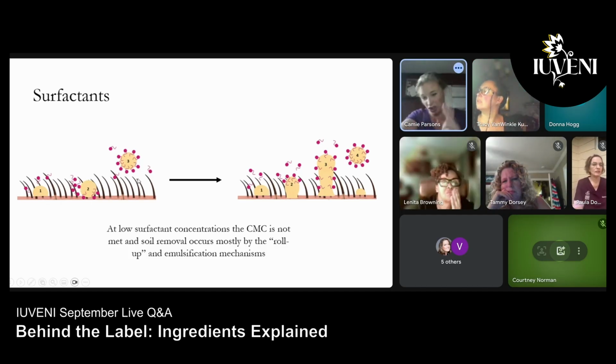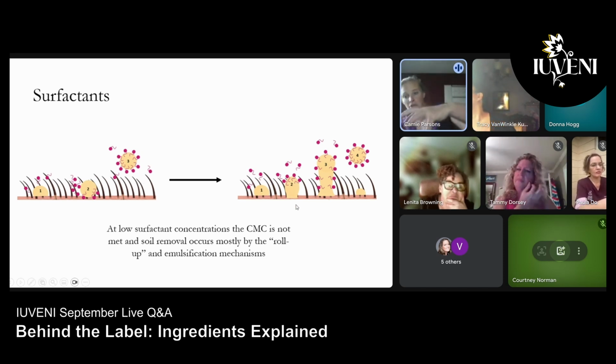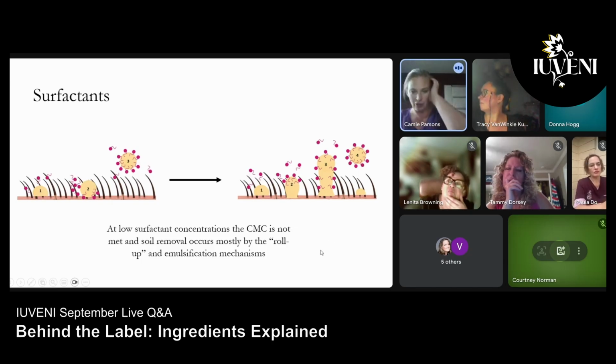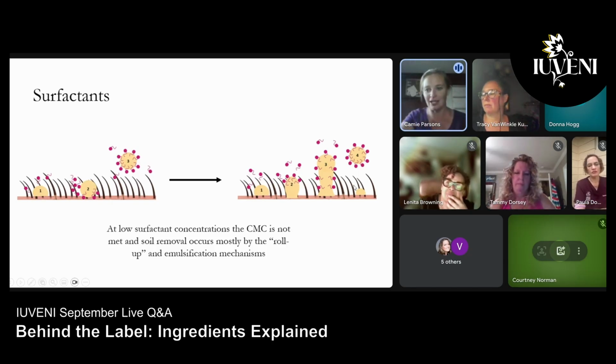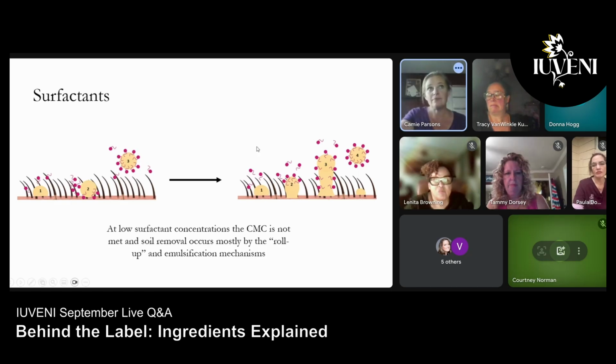And there's two main ways that it happens, where it just surrounds it completely, or this one where it pulls it and it doesn't form a micelle until it's gone. And then you have some left, which means you should keep washing your hair. You can feel this. Like if you're ever watching somebody's hair and you're like, yeah, I didn't get it all. This second one is what's happening. This is low surfactant shampoo.